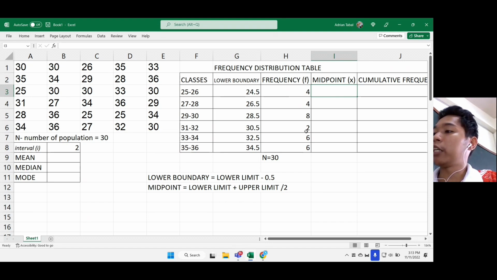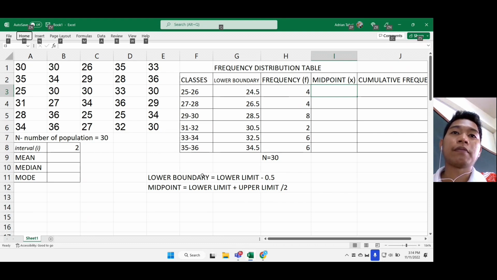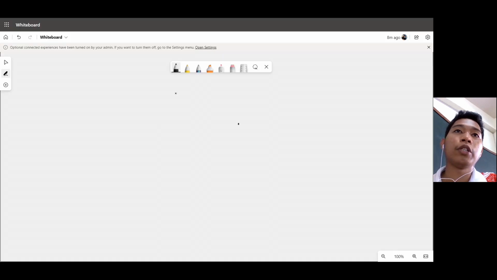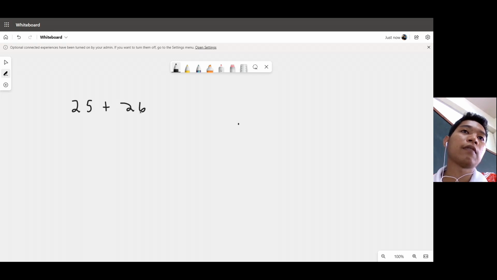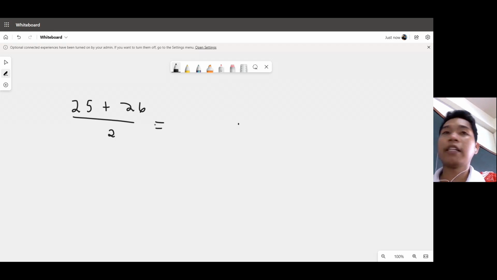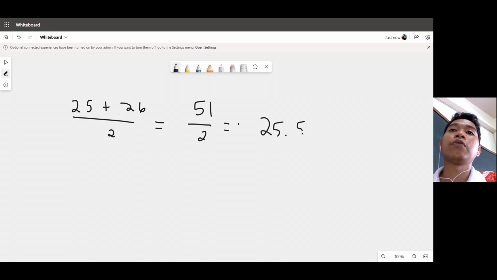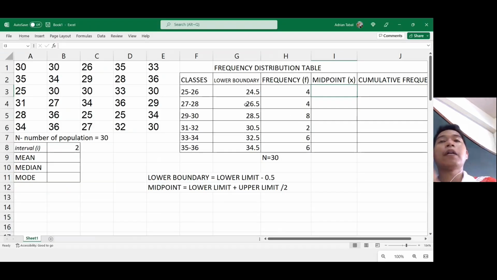Okay, let's use the calculator, 25 plus 26. So, I have here a board. So, we have 25 plus 26 divided by 2. 25 plus 26 is 51. 51 divided by 2, that is equivalent to 25.5. Meaning, we are just looking for the middle of this class.